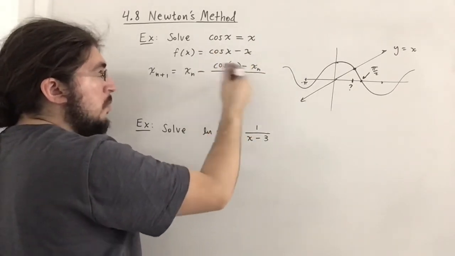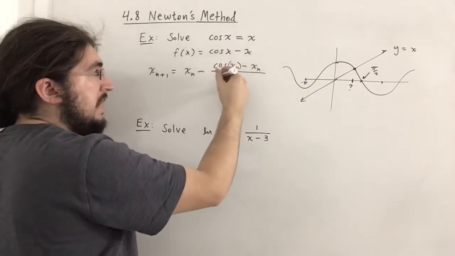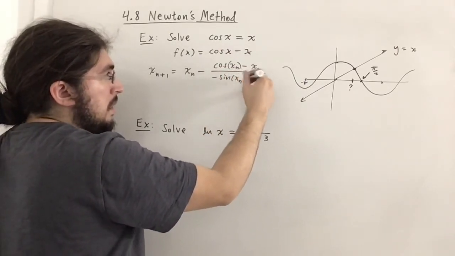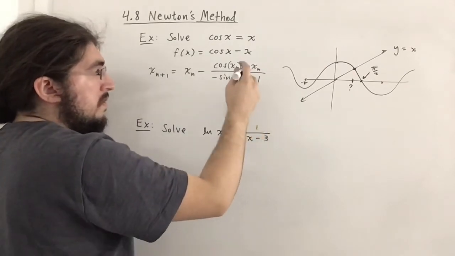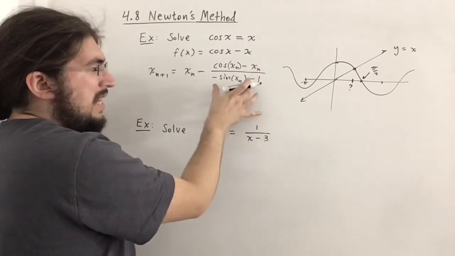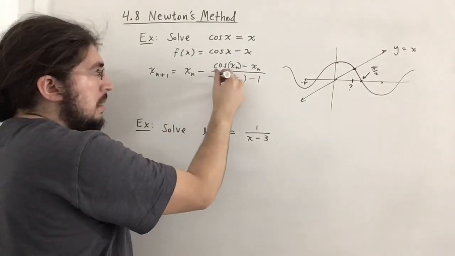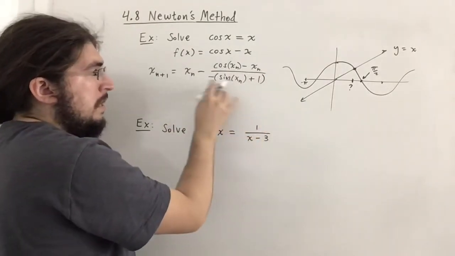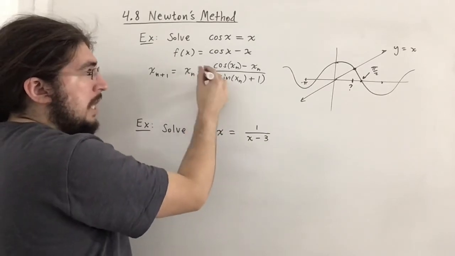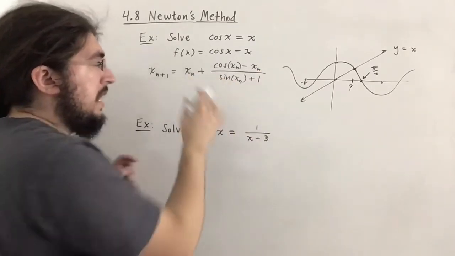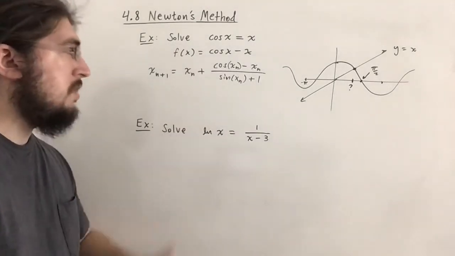And then over the derivative, the derivative of cosine is negative sine of xn minus the derivative of x, which is 1. Now, I don't like that these are both negative, but we can pull out the negative from the denominator and bring the negative out on top to make this a plus, to get rid of it entirely. So we pull the negative out to make the fraction positive, which is nice that we can do that.